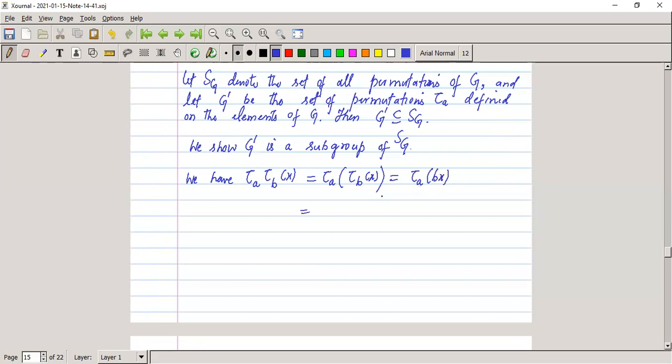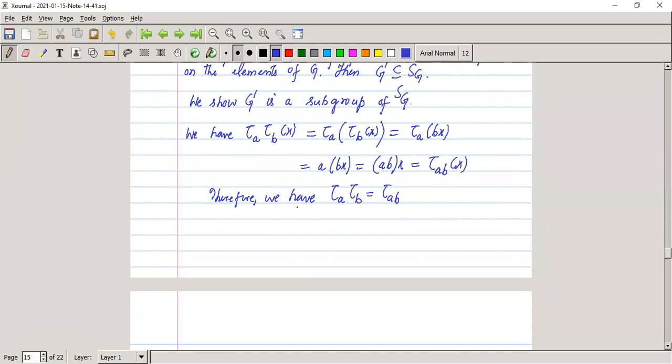By definition of tau_a, this is equal to a(bx). Since a, b, and x are elements of G, and G is a group, it is associative, so we can write abx, and this is equal to tau_ab of x. Therefore we have tau_a tau_b is equal to tau_ab. So it means that the set G' is closed.